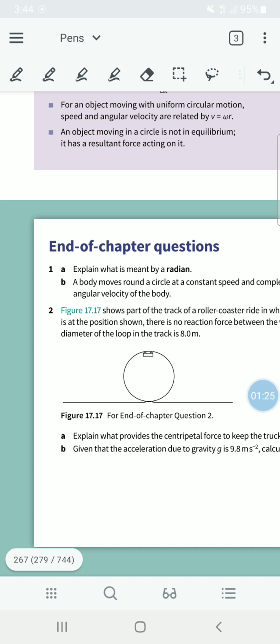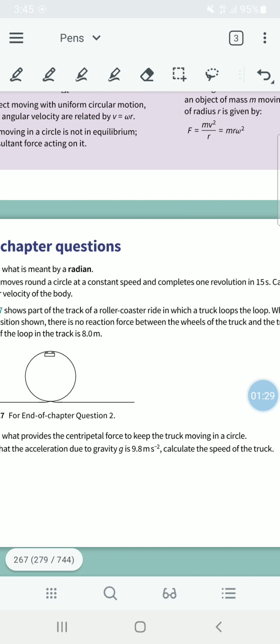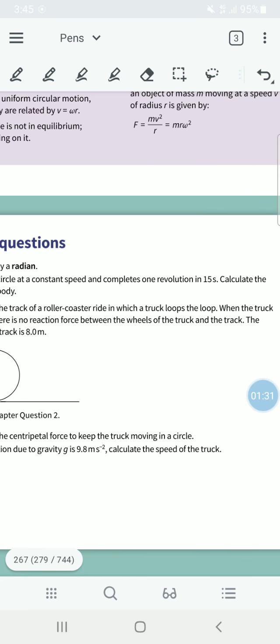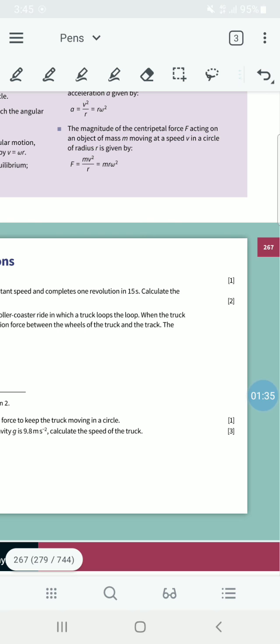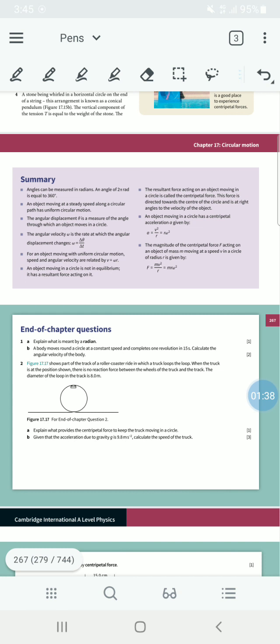A body moves around a circle at a constant speed and completes one revolution in 15 seconds. Calculate the angular velocity of the body. So angular velocity is now there.